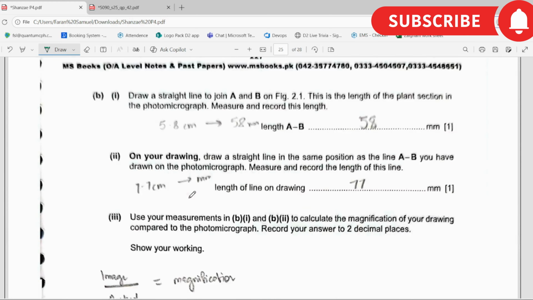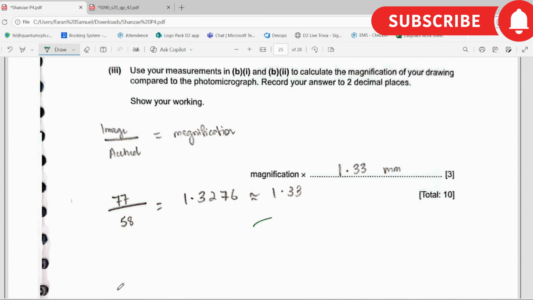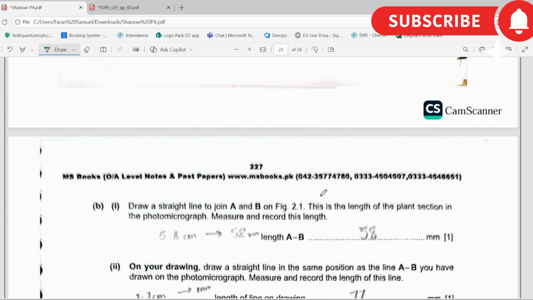Yes, correct. Yes, you can. Just calculate the length of A and B. How many millimeters?